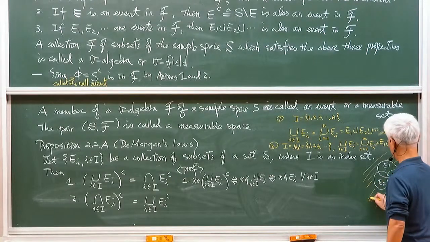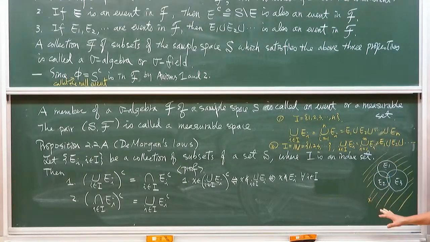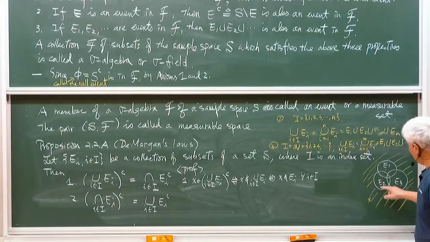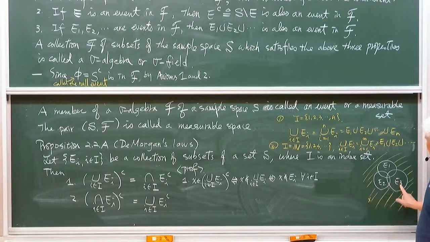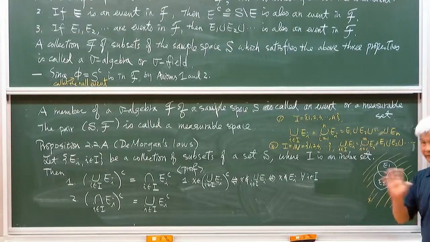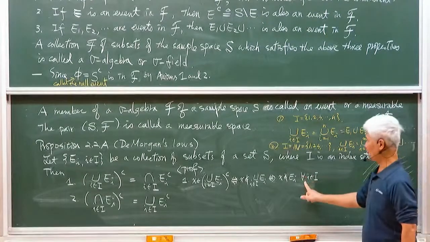So X is in here. So X cannot be in any of them: X is not in E1, X is not in E2, X is not in E3, for all.